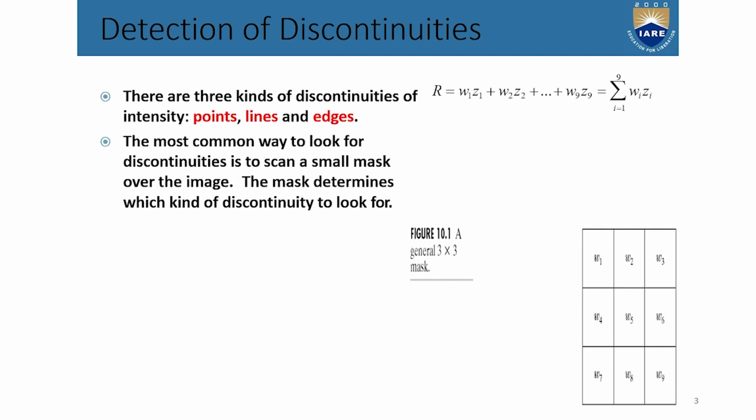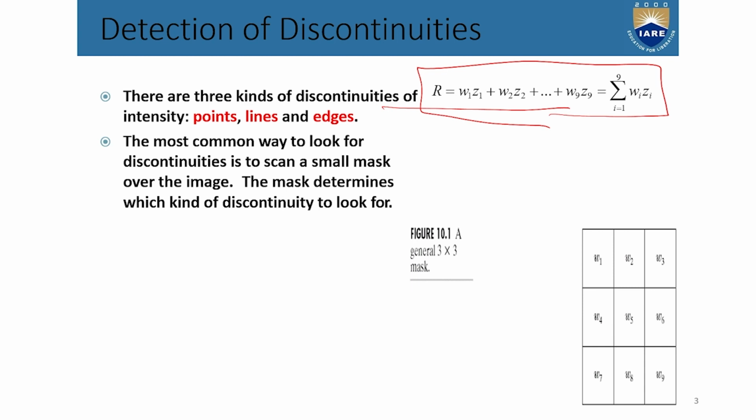There are three kinds of discontinuities which we represent with one mathematical expression, that is R equals W1 Z1 plus W2 Z2 and so on up to W9 Z9. This equation concentrates on finding discontinuities of intensity in terms of points, lines and edges.